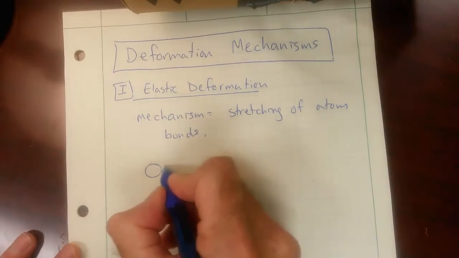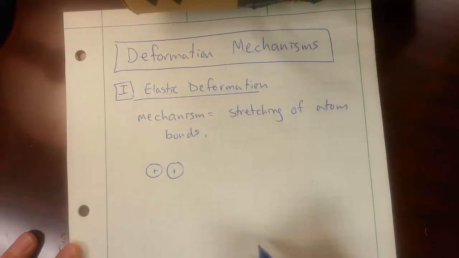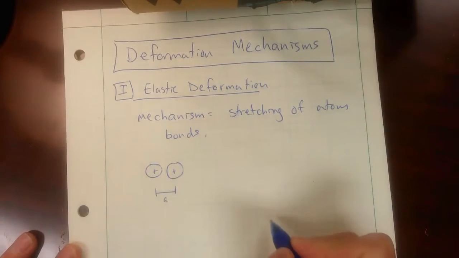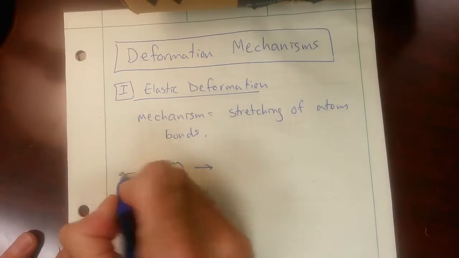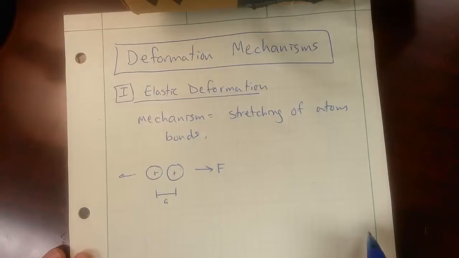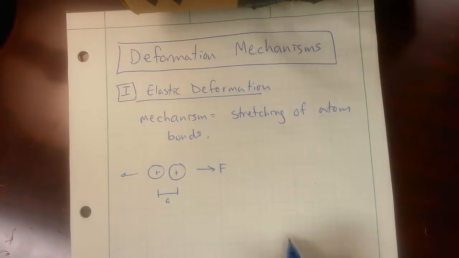So if we have two atoms separated by some distance A, and we apply a force, the atoms will move farther apart. And when we remove that force, they will come back together.